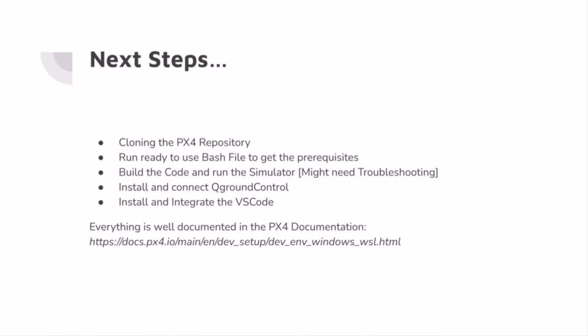And the last step in this video, I'm going to install and integrate Visual Studio Code. Basically we use the Visual Studio Code inside our Windows to communicate to the PX4 development section inside the Linux kernel. If it doesn't make sense for you, just keep up with me and watch the video. It will make sense and it's very interesting.